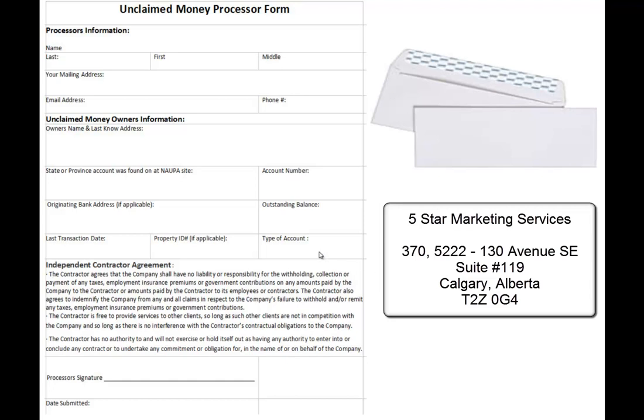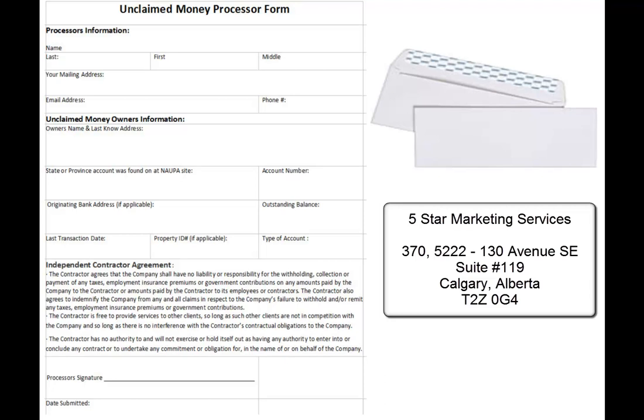And then the account type, what it is, if it's a trust fund, if it's a checking account, a bank account, savings account, anything like that, then you just put the type of account in there. If it's not provided for some reason, again, you would just be putting N/A.